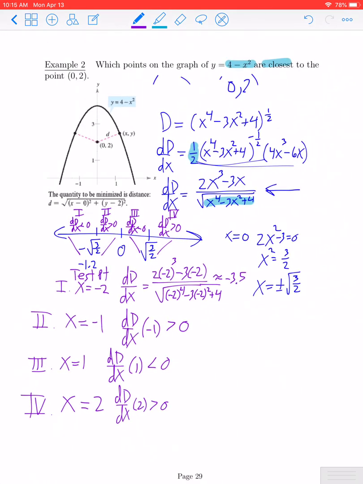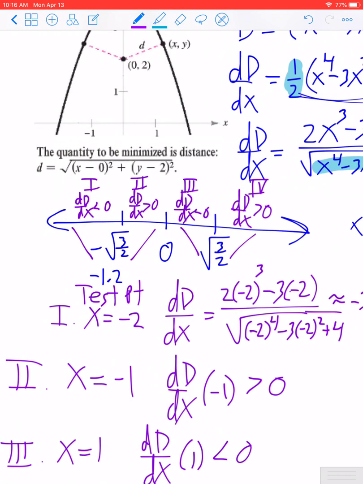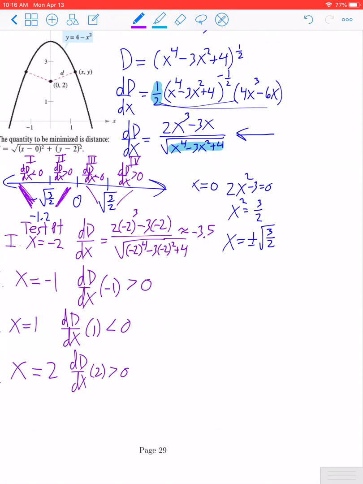Altogether, let's kind of take inventory of what we found. At our critical points, we do have the following information. At the critical number negative square root of 3 over 2, the function went from decreasing to increasing, so that will produce a minimum value. So we have a min at x equals negative square root of 3 over 2.